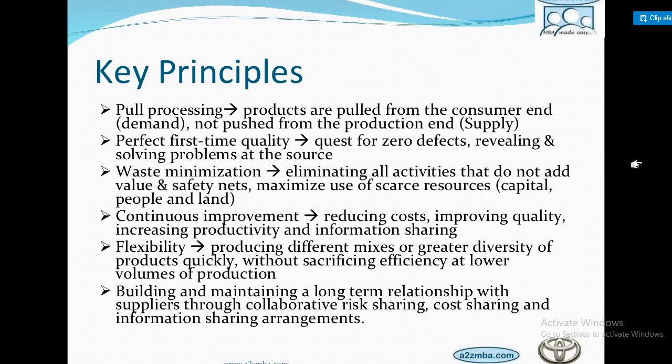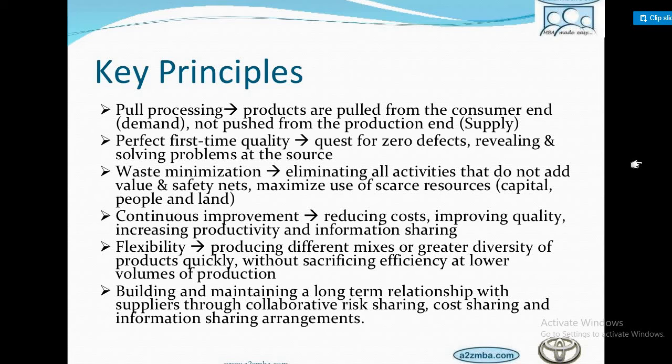What are the key principles of lean manufacturing? The pull processing, okay. What is meant by pull processing? Products are pulled from the consumer end, not pushed from the production end, okay. According to what the customers require, we are producing products in pull processing.